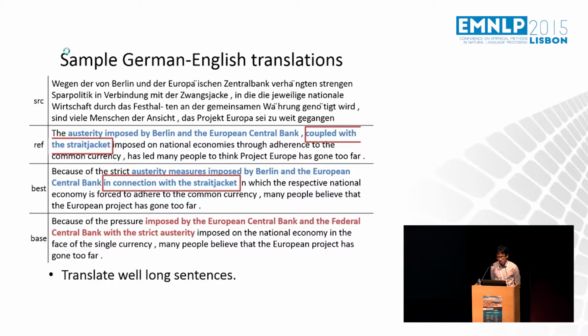If I look at the translation of the best system, it actually gets the meaning exactly correct. It has some paraphrasing, for example, the reference had the phrase coupled with the straight jacket, and the best system has the phrase in connection with the straight jacket, which I think has similar meaning. Whereas the base system messes up the structure. So that indicates that this model can also translate long sentences well.